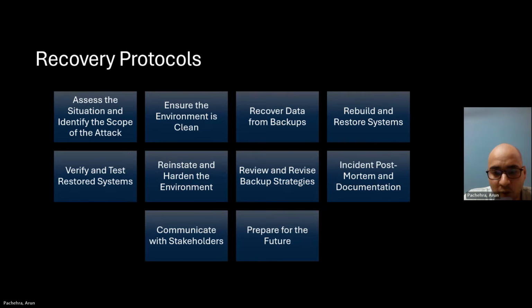What we mean by that is everything is happening in an isolated area. Because if you remember, in the previous slide we were talking about isolating. So keep compromised systems disconnected from the network to prevent the spread of ransomware. Consider using an isolated environment to recover and scan systems.